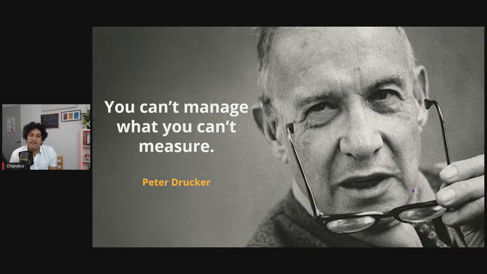And that is really the reason why there is so much emphasis on the measure aspect. The two important things there are manage and measure. This is the reason why organizations go to great lengths to keep track of everything, because they want to know what is going on in order to be able to manage the whole company or business or situation better and take it to the next level.